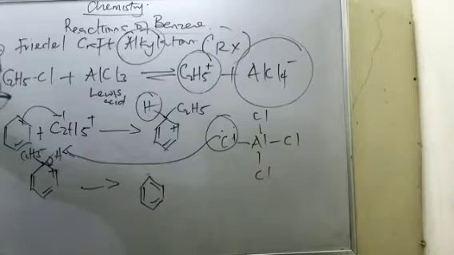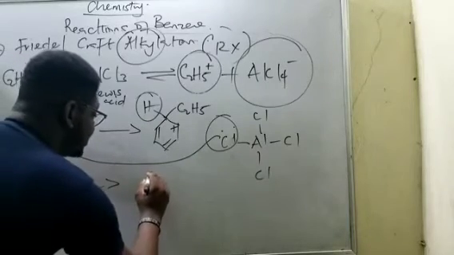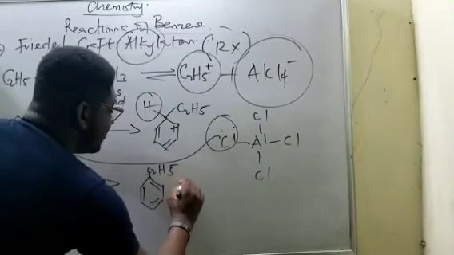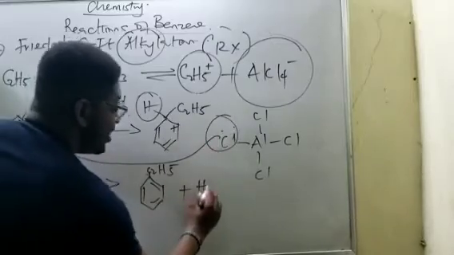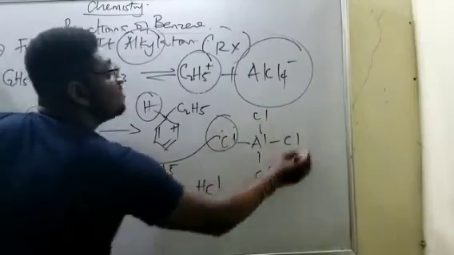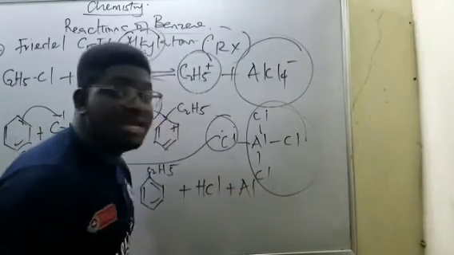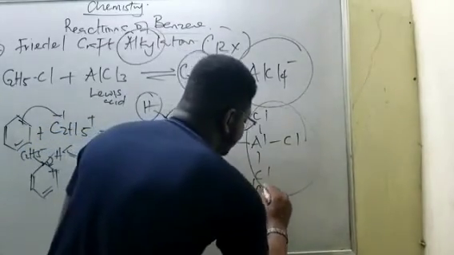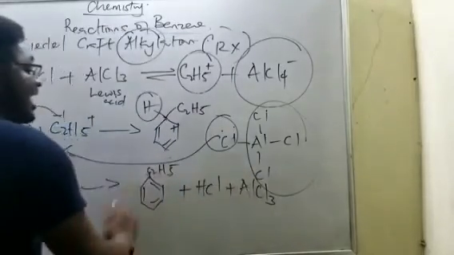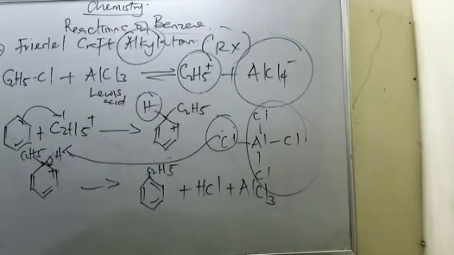When this bond collapses, we have our alkylated benzene of C2H5 plus HCl, hydrochloric acid, and we have our Lewis acid back again, which means it's acting mainly as a catalyst. So we have AlCl3, and these are the products of Friedel-Crafts alkylation.